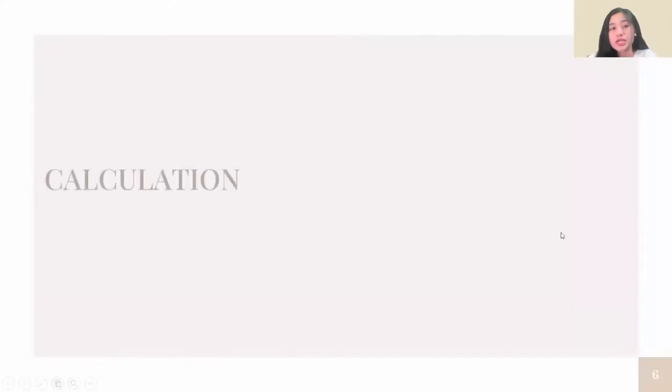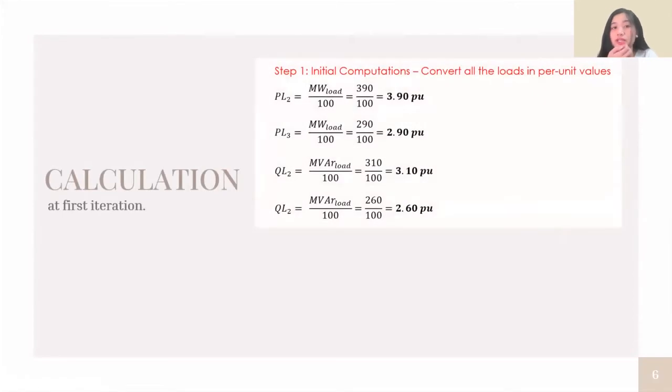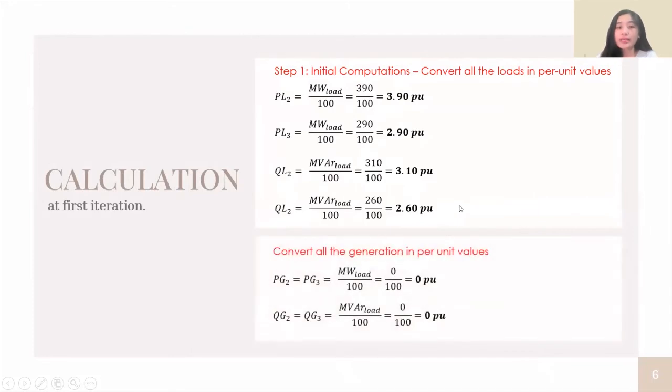So, as you can see here, is that yung initial computations natin, 3.90 PU na siya. For PL3 is that 2.90 PU. Yung QL2 natin is that 310 siya kanina, divide 100, 3.10 PU. So basically then yung ating QL, this is 3, okay? This is 2.60 PU.